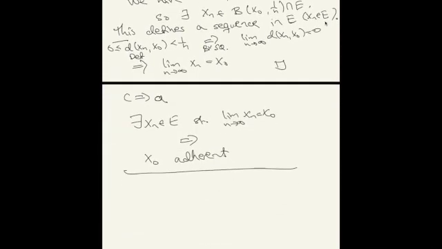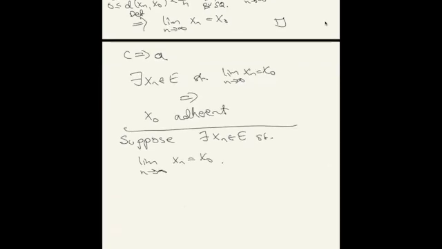Now C implies E. If you have a sequence, we want to prove that it's adherent. So let's finish this part. Suppose that there exists a sequence of points xn in E such that the limit of xn is equal to x0, i.e. the limit as n goes to infinity of the distance from xn to x0 is equal to 0, because this is the definition of convergence.